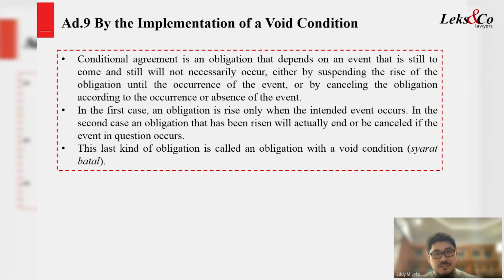In the first case, an obligation is born only when the intended event occurs. In the second case, an obligation that has risen will end or be canceled if the event in question occurs. The last kind of obligation is called an obligation with a void condition, syarat batal. So the obligation is canceled when the condition occurs.